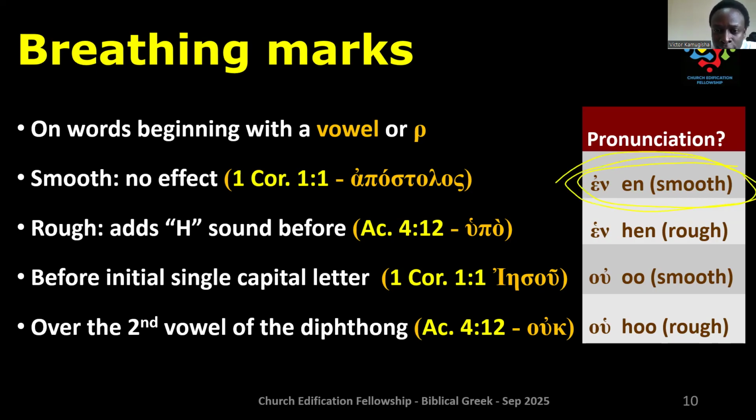There is a kind of apostrophe above the letter, looking to the right, going out opposite the word. That is smooth. So there is no effect. You just pronounce the letter.